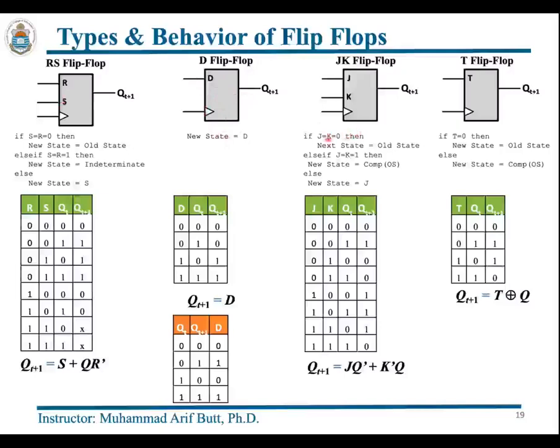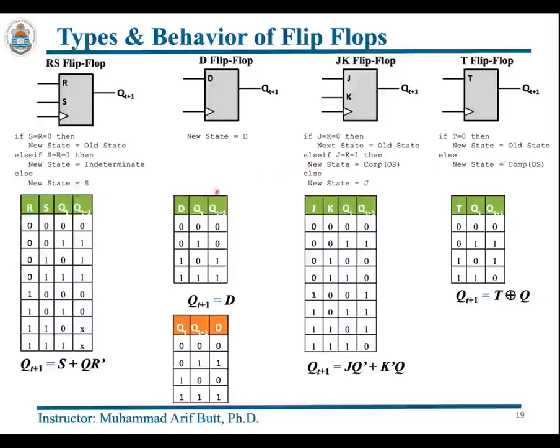In case of JK flip-flop, if J and K both are 0, then the next state is equal to the old state. If they both are 1, then the new state is the complement of the old state. And otherwise, whatever is there on J goes inside the flip-flop. In case of T flip-flop, if T is equal to 0, then the new state is the old state, and otherwise the new state is the complement of the old state.